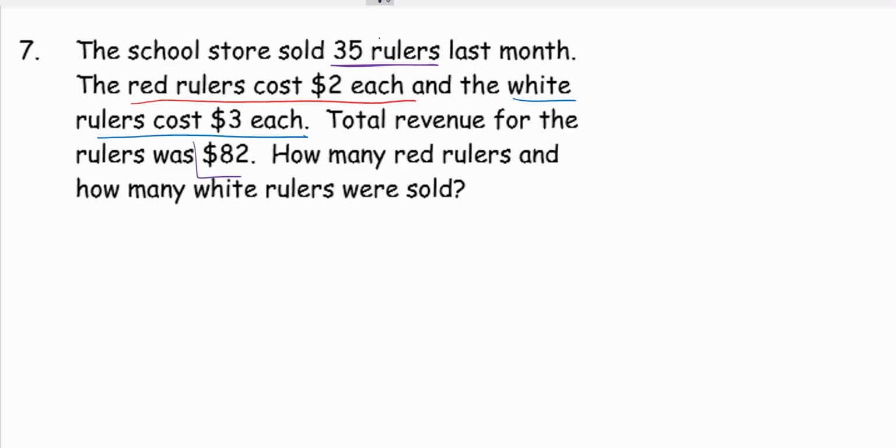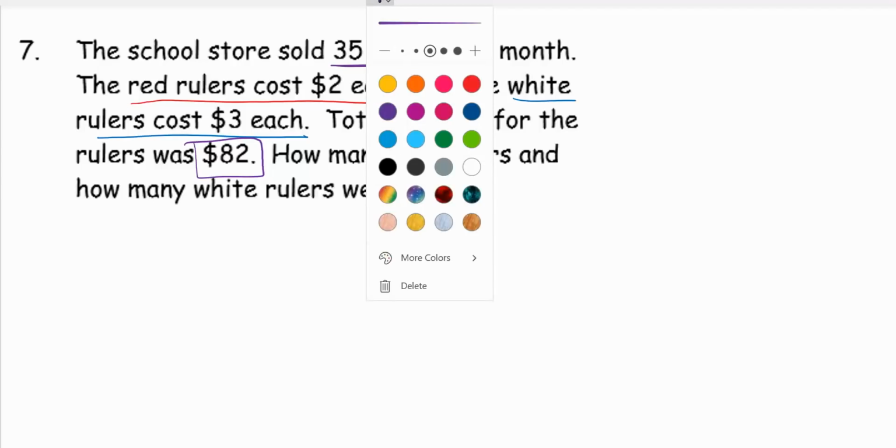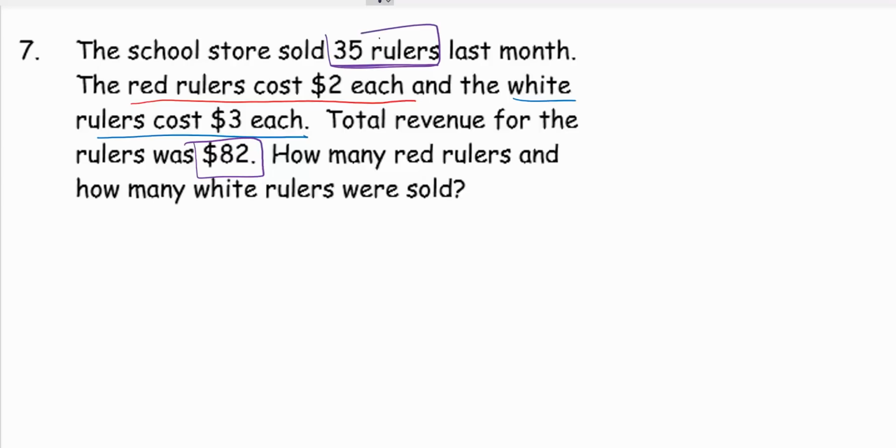The total revenue for the rulers was $82. So we can come up with an equation. First, we've got 35 rulers from red rulers and white rulers. So let's say red rulers we'll use as the letter R and white rulers we'll use as the letter W.